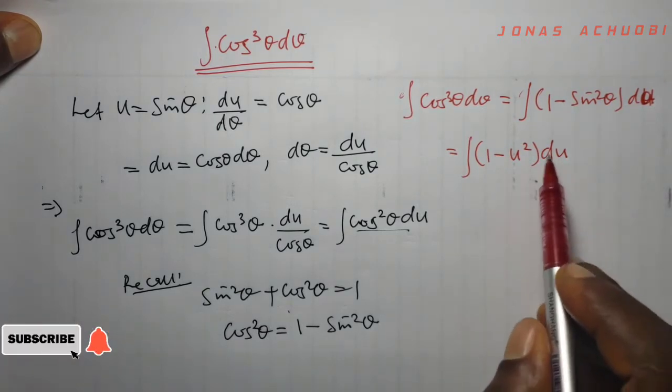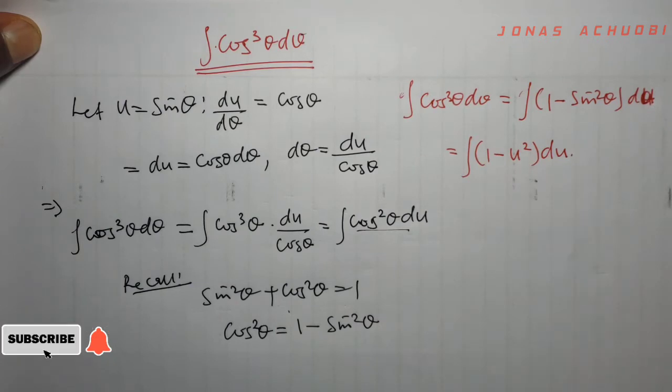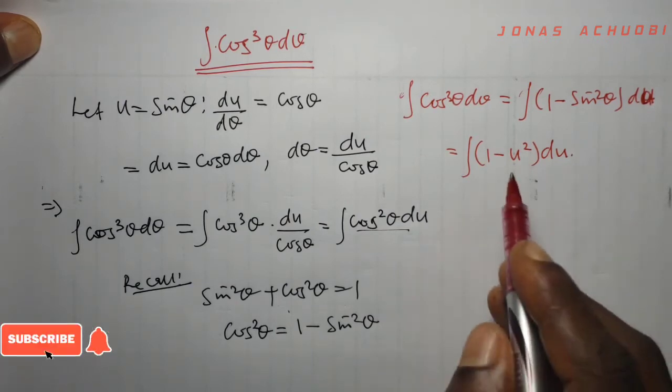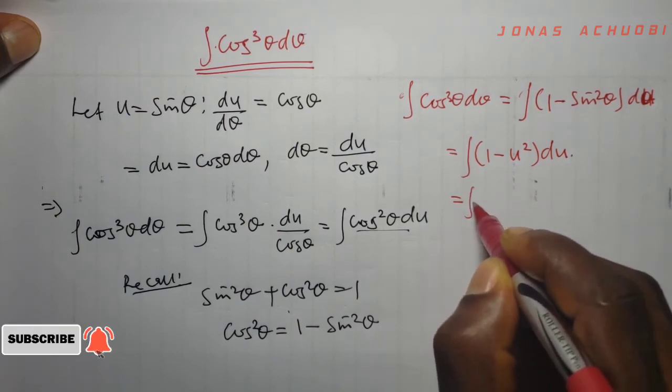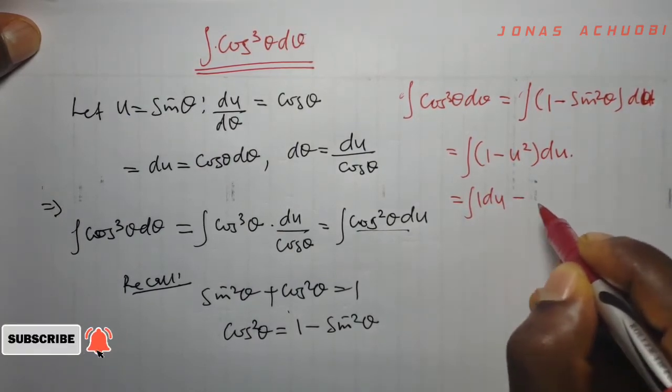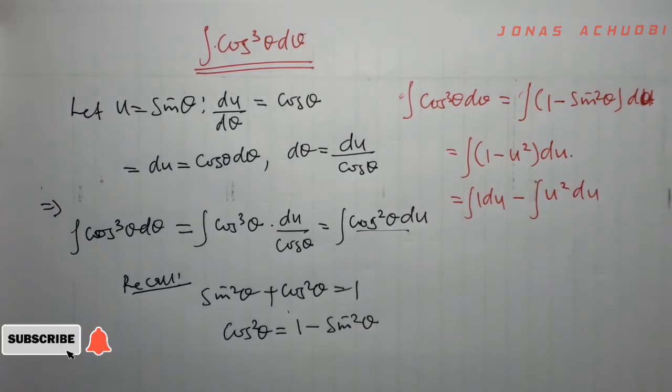So now we have our integral in terms of du, and the variable in question is also that of u. We can integrate. So if we open up the bracket, we have two terms. We have the integral of 1 du minus the integral of u squared du.